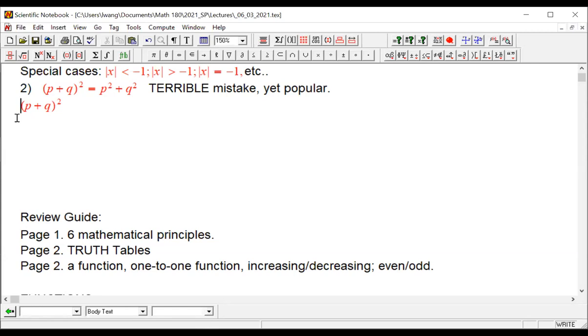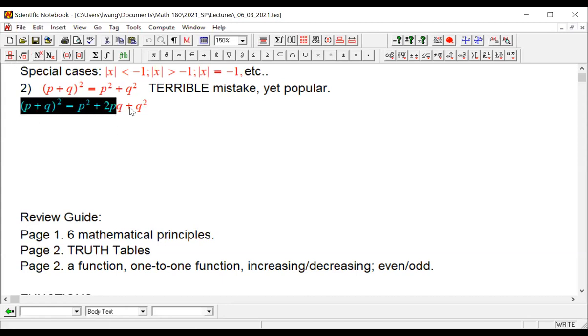Sometimes in the midst of dealing with a trig function, suddenly a perfect square shows up. This form could be read from left to right or right to left. And of course we know that this equals p squared plus 2pq plus q squared.